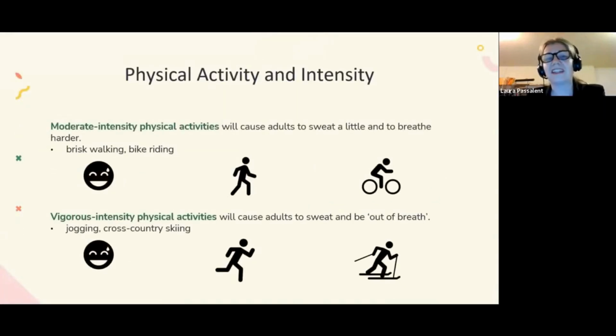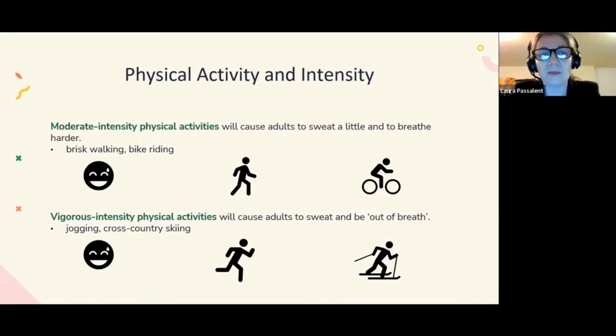When it comes to intensity, duration is important and frequency is important, but intensity is also important in order to gain physiological benefit. Moderate intensity physical activity will cause you to sweat, but you'll also need to breathe a little bit harder. Some examples are brisk walking and bike riding, but I always use what's called the talk test.